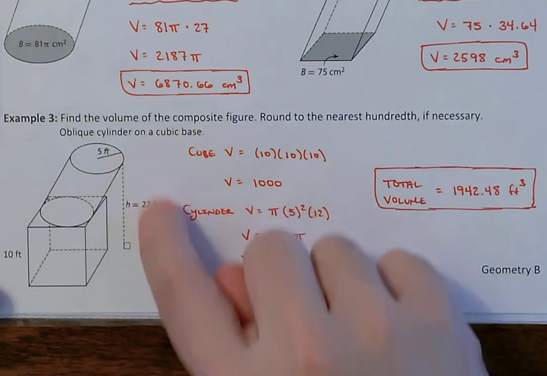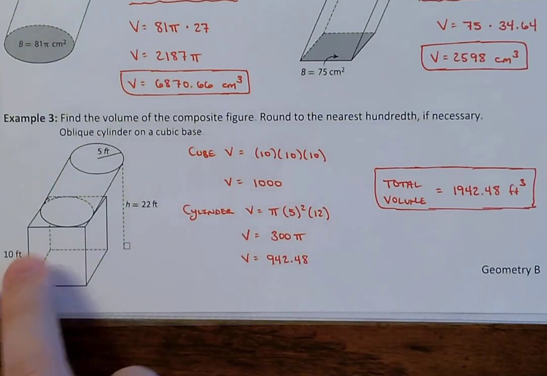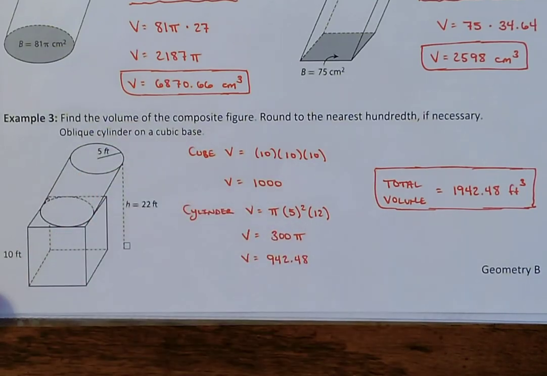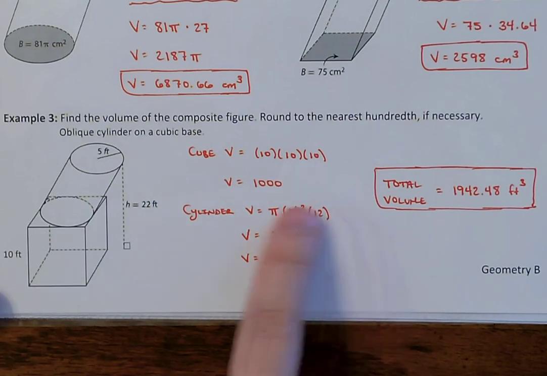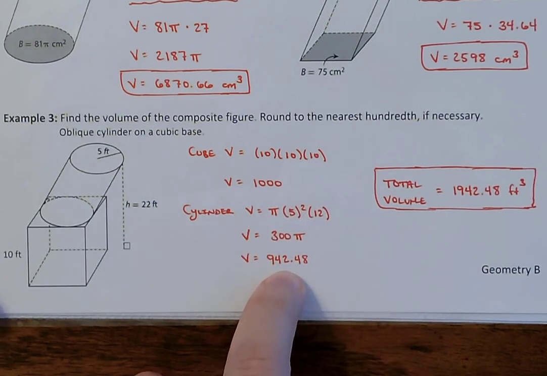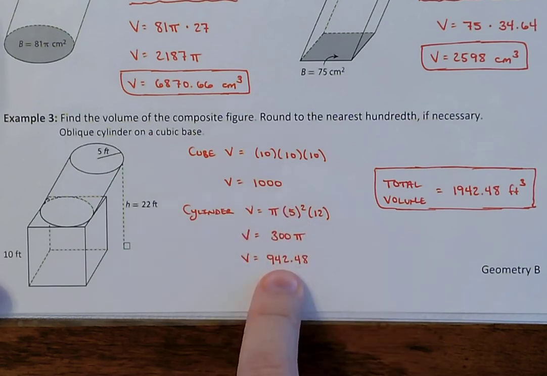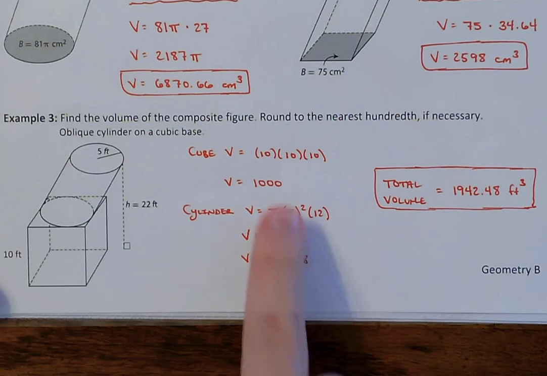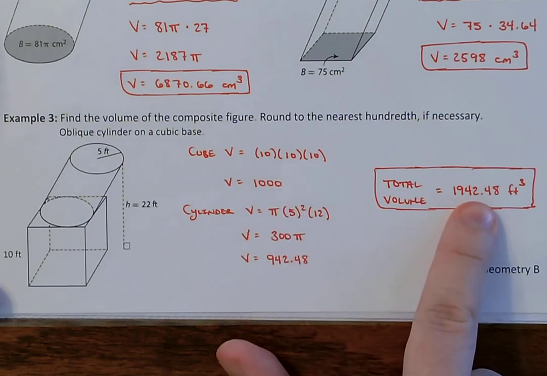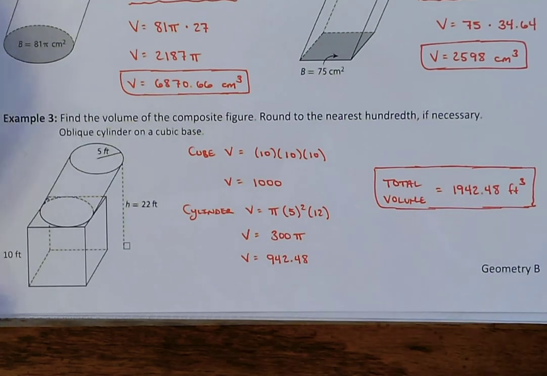If we multiply that all in, we get 942.48. So I now have the volume of the cube, 1,000, and the volume of the cylinder, 942.48. Add them together, and we get 1,942.48 feet cubed.